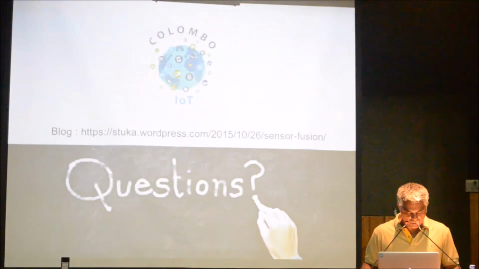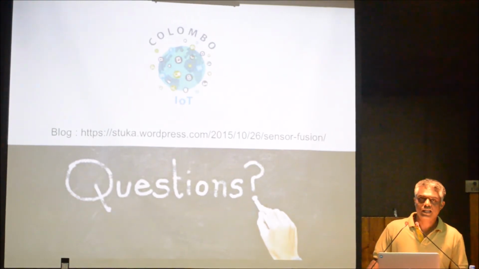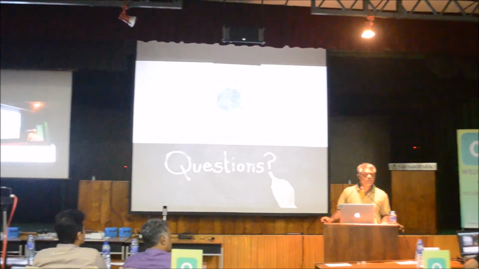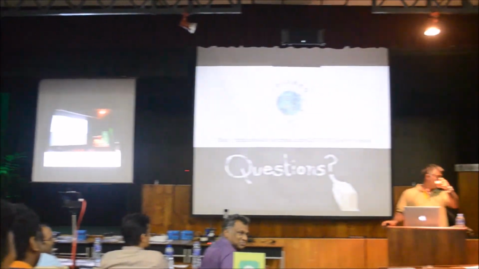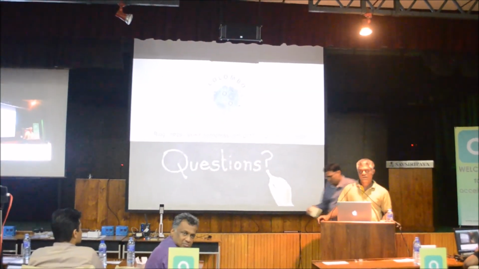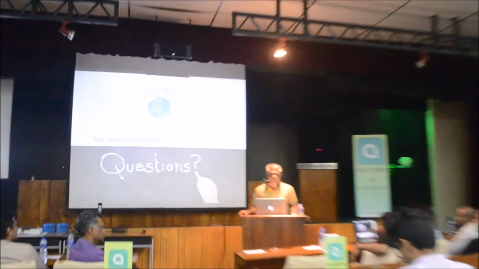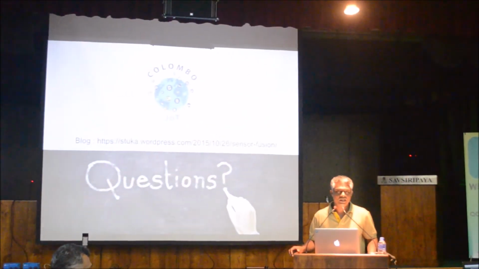So my first question is, what is the name of the sensor that I have used in my sample? MPU 9253. Okay. Correct, MPU 9250. Okay, the second question is, what are the three sensors that I have used?